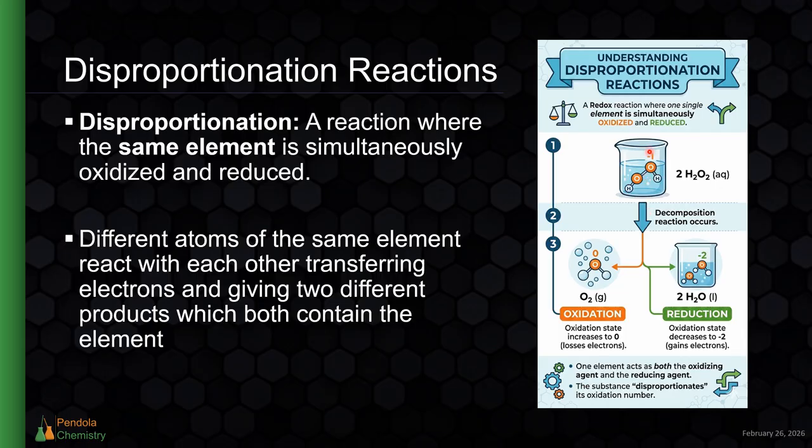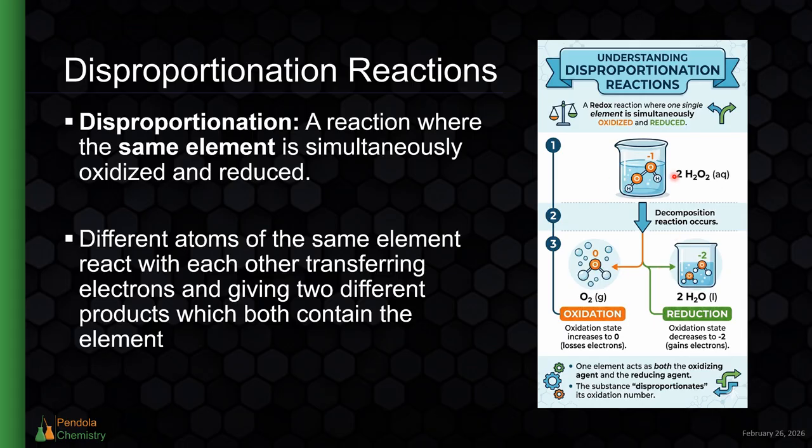Well, when the hydrogen peroxide decomposes, two things happen to the oxygens. Some of the oxygens will gain electrons, becoming the oxygens in water, which have a -2 oxidation number. So they're reduced, gaining electrons, becoming -2.